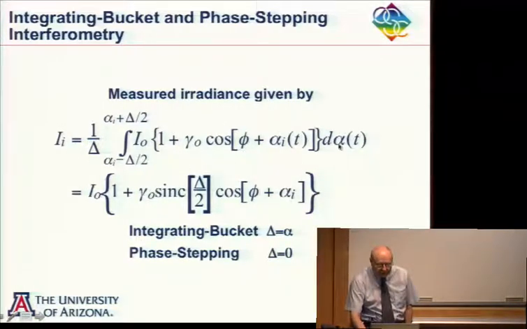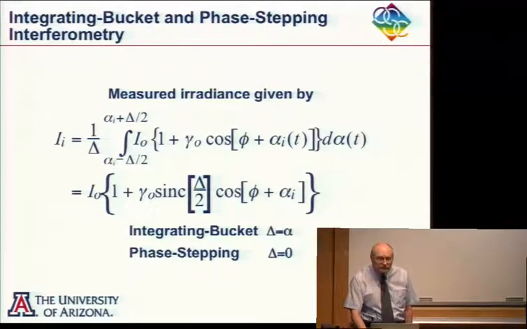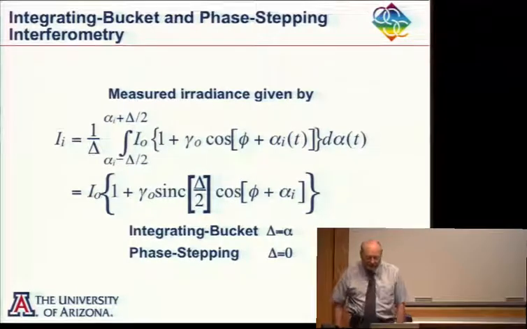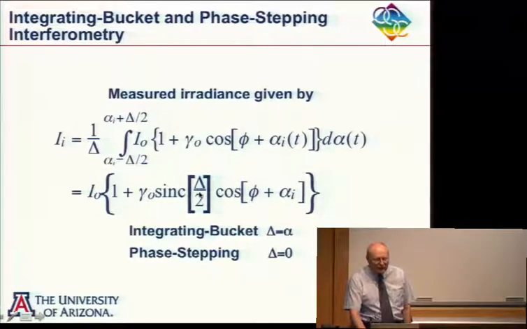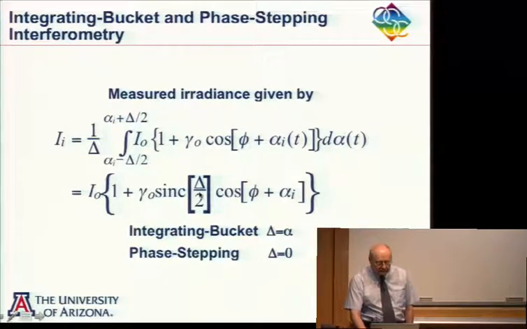In phase stepping, I'm not integrating as the phase difference between the two beams changes. And so for phase stepping, delta is 0. For integrating bucket, delta is typically pi over 2, 90 degrees. And so the sinc of pi over 2 divided by 2, or the sinc of pi over 4, just happens to be about 0.9.